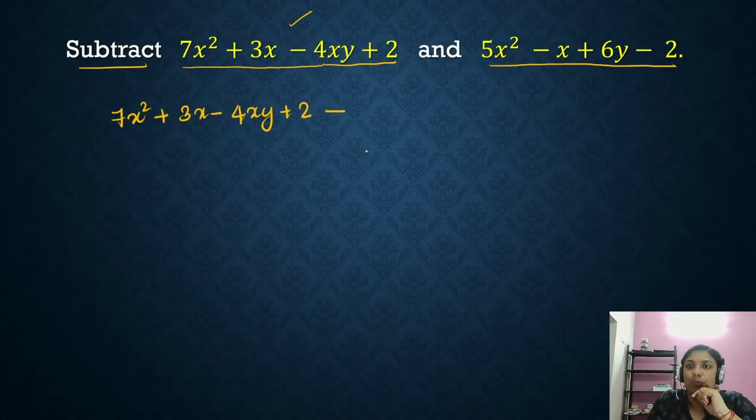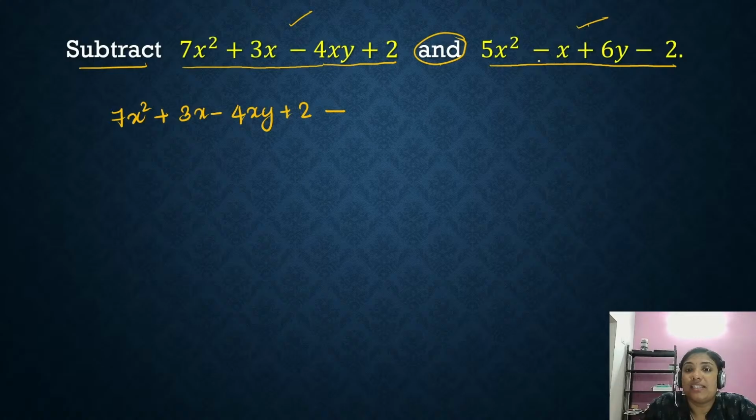Then we can write the next expression. And before that, I wanted to tell you something. If they use "from" instead of "and", then you are supposed to write this expression first. Subtract the first one from the second one. If the question was like that, you should have taken the second expression first. But here, no term like "from" is here, so you can take the first expression.